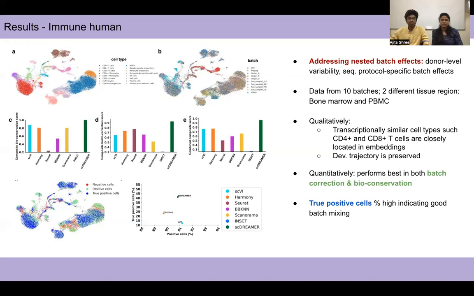If we quantitatively look at the results in panels C, D, and E, we can see that scDREAMER was able to perform best in all three metrics. Even in the bottom right, the very high percentage of true positive cells indicates that the batches were really well integrated.